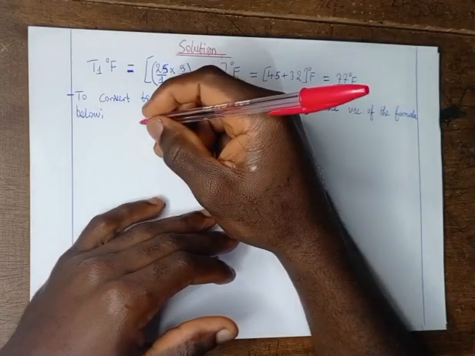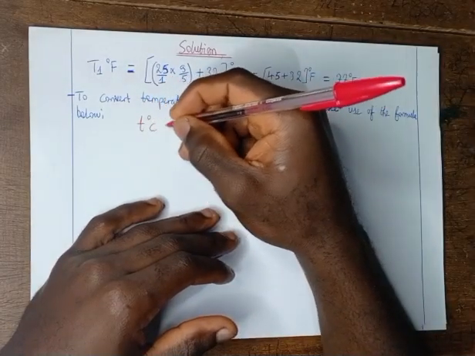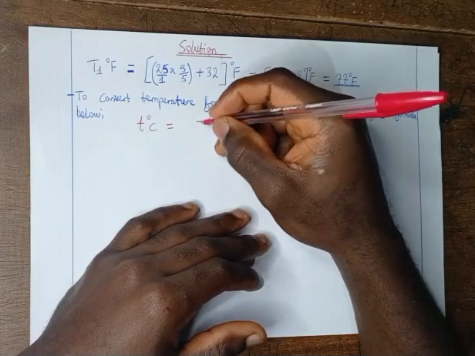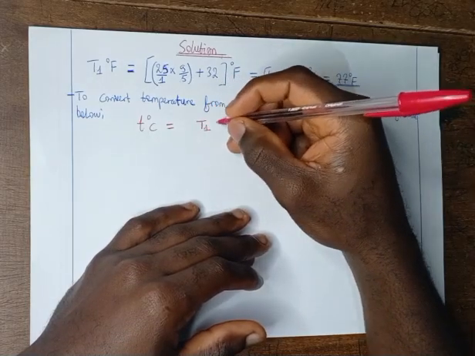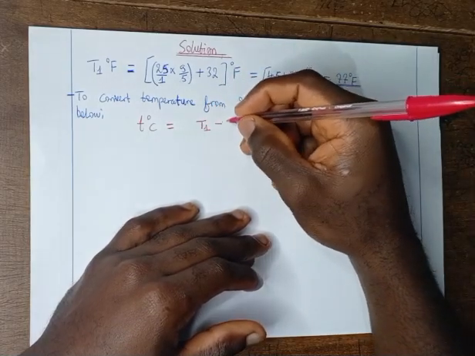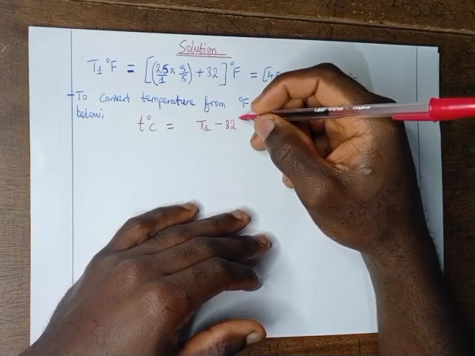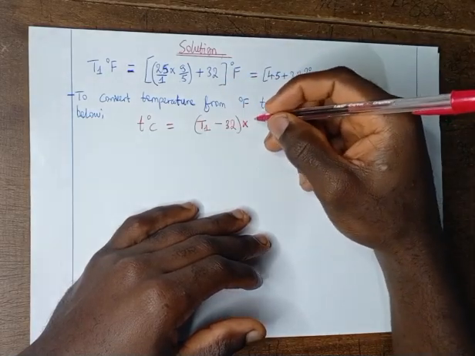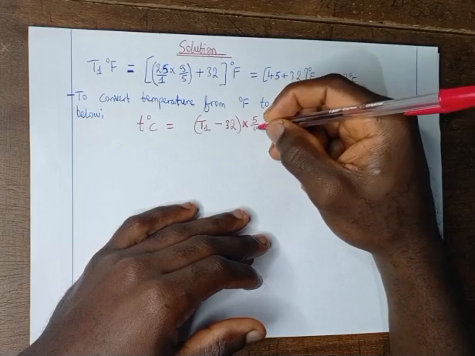Our temperature in degrees Celsius will simply be equal to, take the value of the temperature in degrees Fahrenheit, subtract 32 from it, then multiply the result by 5/9.